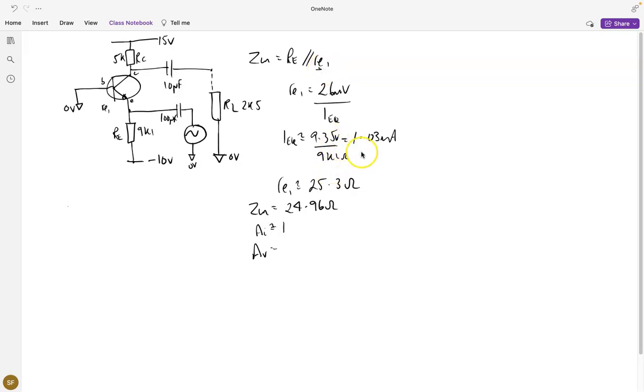We can see here that RE1 is 25.3, Zin is 24.96, which we could say is approximately the same.